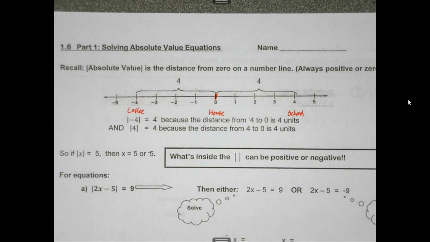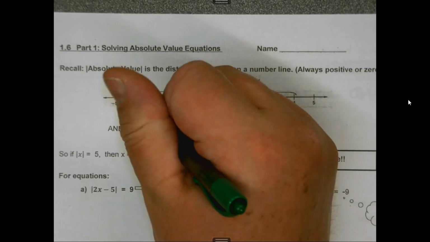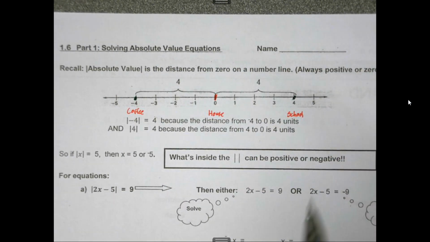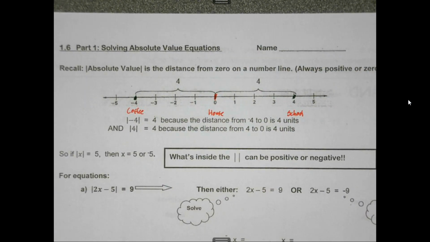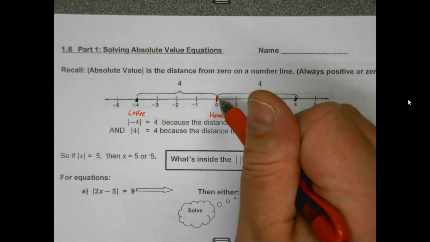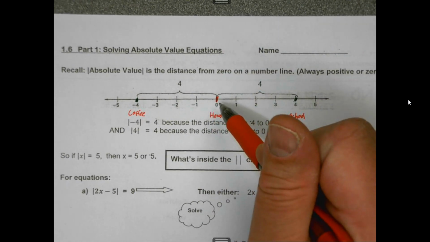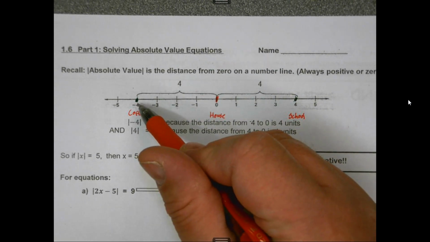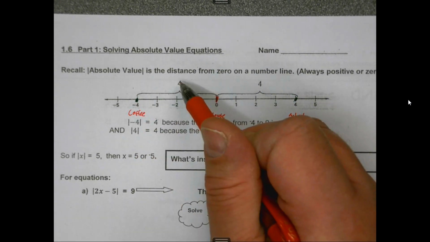So these are like location points: -4 and +4, and 0 would be a location point. Doesn't mean that I actually go -4 units to the coffee shop. I actually go 4 units, a +4.